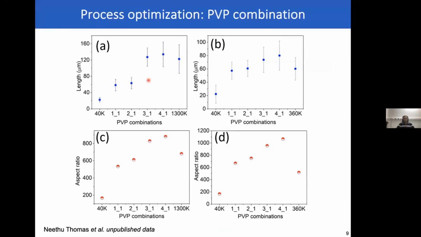And just to give you the data, you can see that we are able to get length by varying the PVP combination, somewhere around more than 120 to 140 micrometers, and we are reaching aspect ratios of around 1,000. So essentially, we now have some control over how these nanowires grow. We're still trying to understand exactly the growth mechanism, but more importantly, we are able to produce nanowires with different lengths and diameters depending on the particular application.